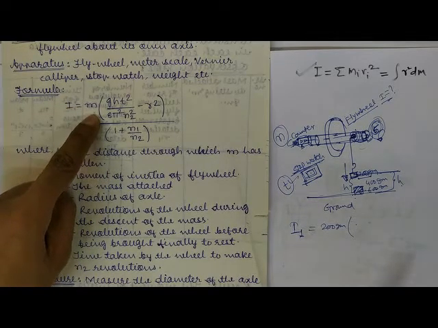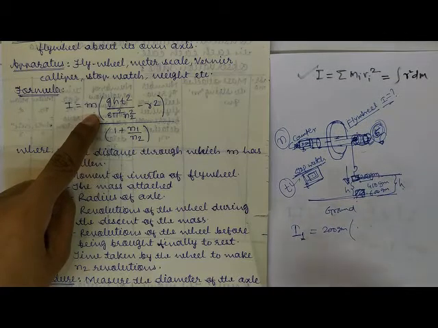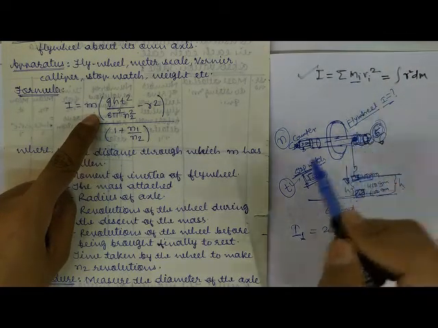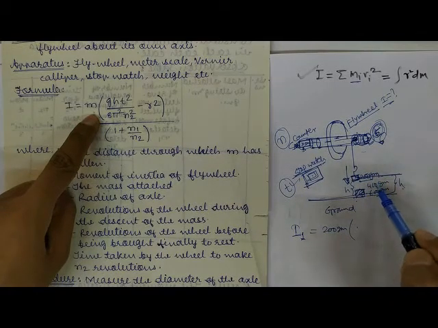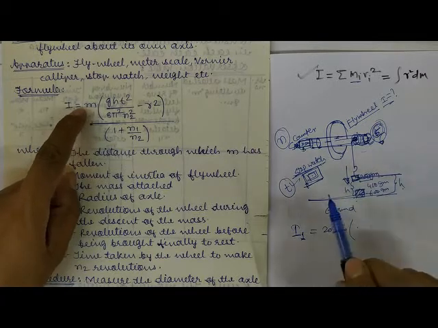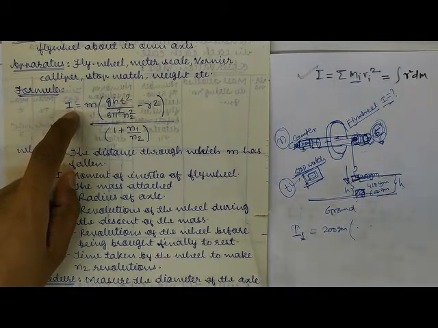We know that the moment of inertia is a function of mass, so as mass changes, the moment of inertia will change. Therefore we have used 3 different masses here, 200, 400 and 600 gram, and corresponding to those masses we have to calculate the different moments of inertia.